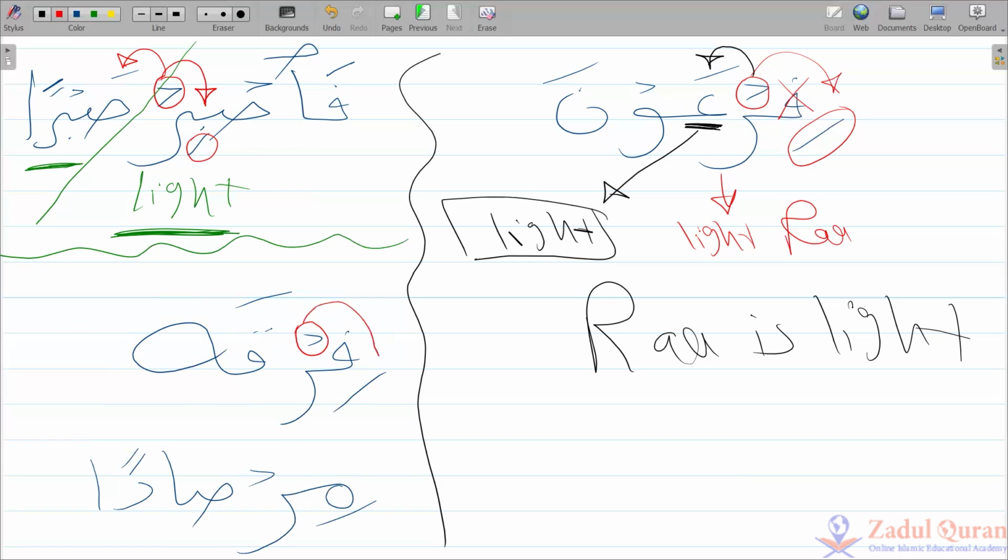Check the one before, it has a kasra. So it's light. No, don't be rushed. The second one in the same word is a heavy letter. We don't check the haraka now, we check the letter. So this is a heavy letter in the same word. This heavy letter affects the Ra and makes the Ra heavy. You understand?